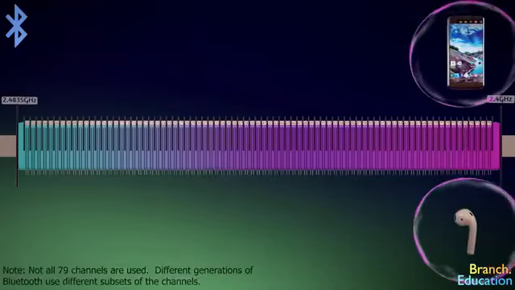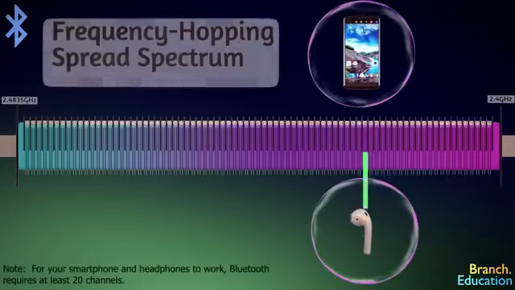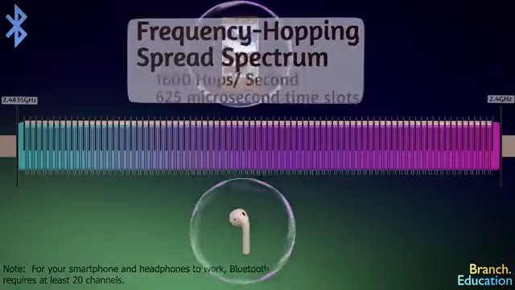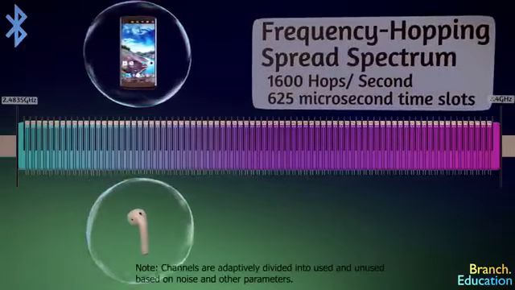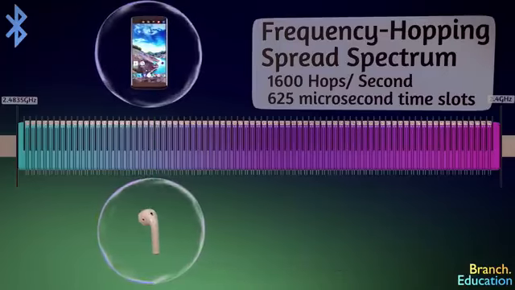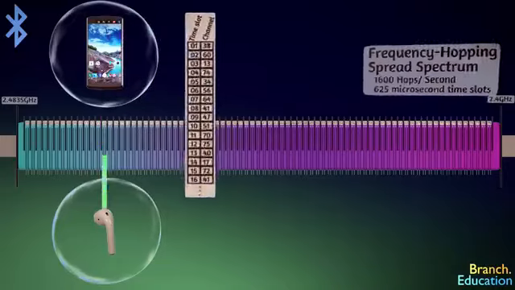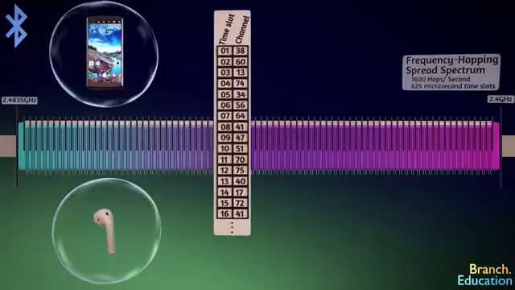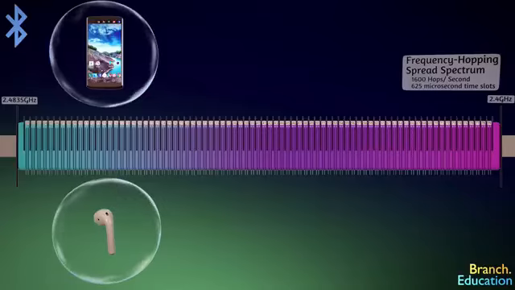In fact, this hopping between the 79 channels, which is called frequency hopping spread spectrum, happens 1,600 times a second. And after each hop, one packet of information composed of the address, header, and payload is sent between your smartphone and earbuds. Your smartphone dictates the sequences of channels it will hop to, and your earbuds follow along.